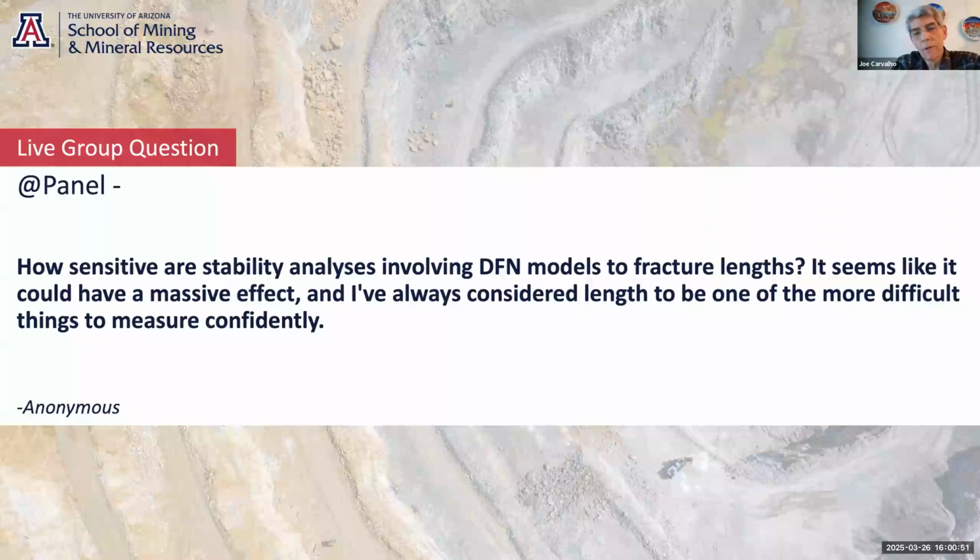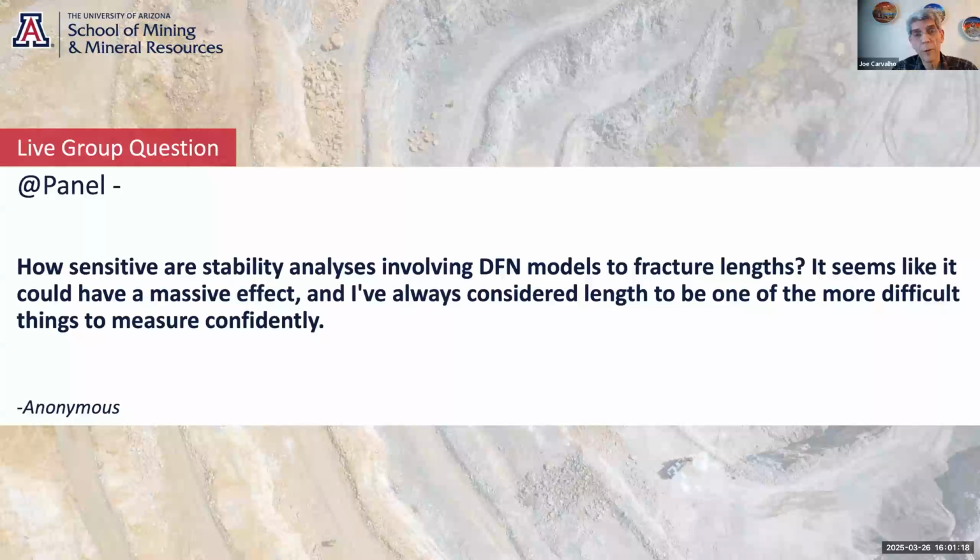I don't think you can divorce length from spacing. You have to take it in conjunction, because you need length, spacing, and the number of sets that you're considering. Definitely the longer your fractures, the more opportunity to create individual blocks. That's a given.